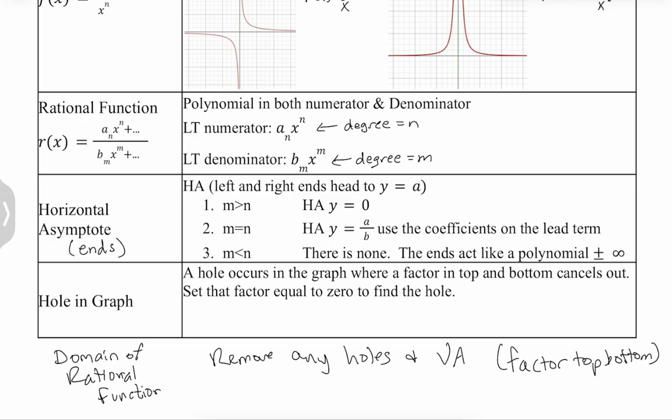So you should always try to get things in factored form, because the domain of a rational function is just going to be found by removing any holes and vertical asymptotes. That factored form is going to help us factor the top and bottom. The bottom really is where we know it can't equal 0.